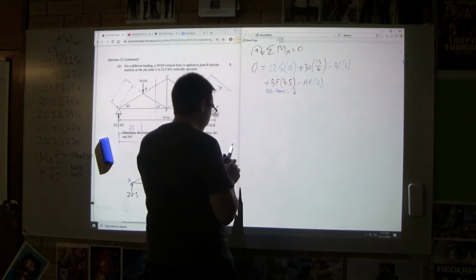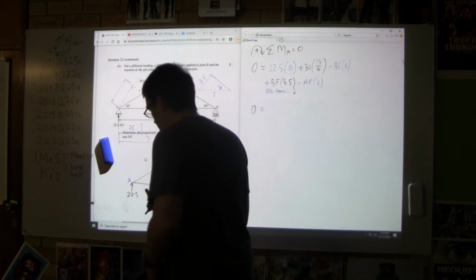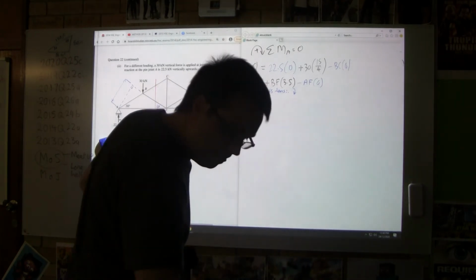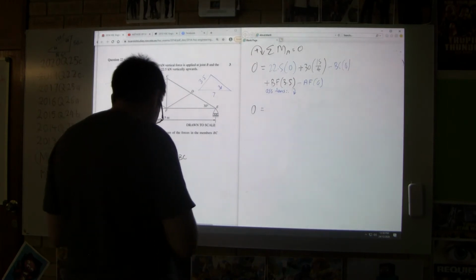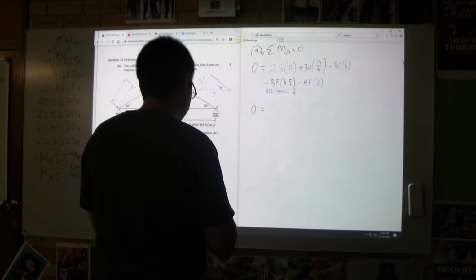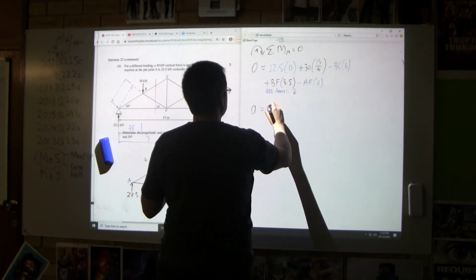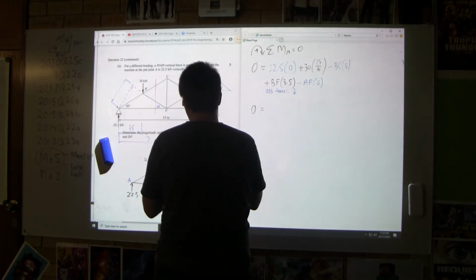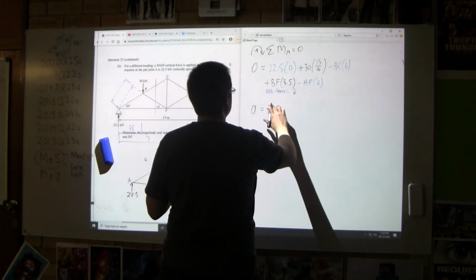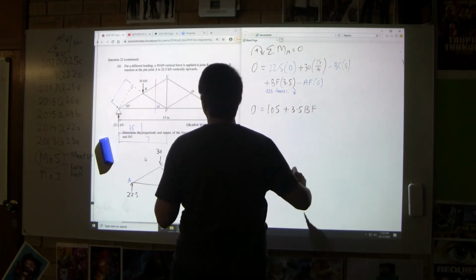Okay. 0 equals $30 times 3.5 and, okay, so it's 105 plus 3.5 BF. Now, just checking that they're both clockwise.